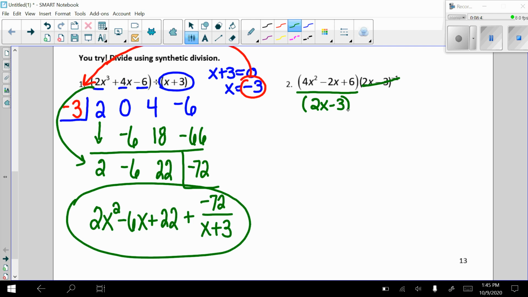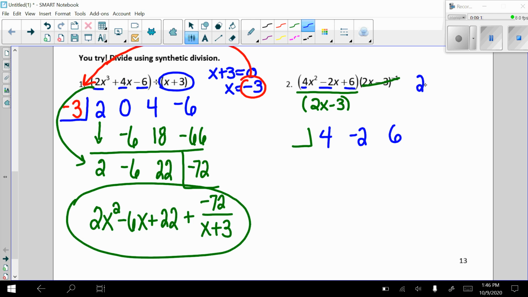So there are lots of different ways to write division. So when we set this up, remember what we do. We make our pocket. We take our coefficients. So we have 4, negative 2, and 6. We don't need any placeholders this time because we're going from x squared to x, negative 2x, and then to 6, which is our constant.